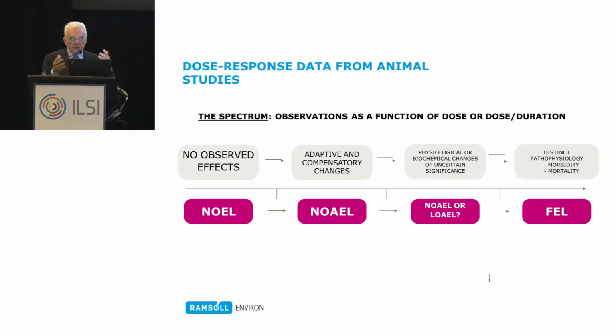They are adaptive or compensatory. We move then to what might be an ambiguous level of exposure where you're getting some changes and you need to make a decision about whether or not they are adverse, whether they lead to health impairment in the long run. You might label that either a low observed adverse effect level or no observed adverse effect level, depending on your judgment at that point. So there's always going to be some uncertainty about levels of exposure and whether or not they are adverse.